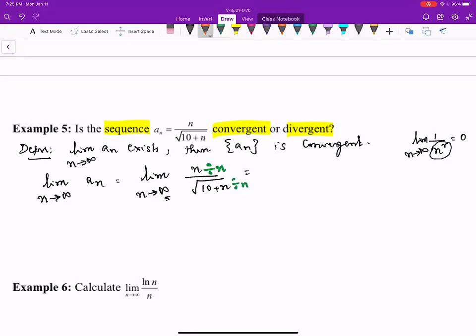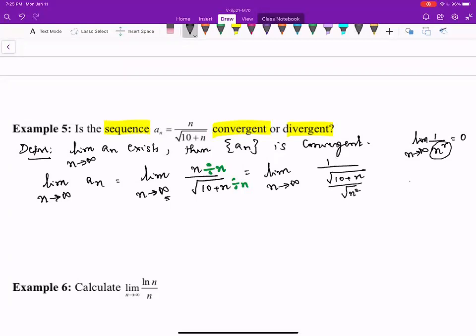So it is the limit as n approaches infinity. The numerator is n divided by n. In the denominator, you have a radical, within which you have 10 plus n, and outside you are dividing that by n. You cannot divide a radical by a non-radical, so you have to make it look like a radical.